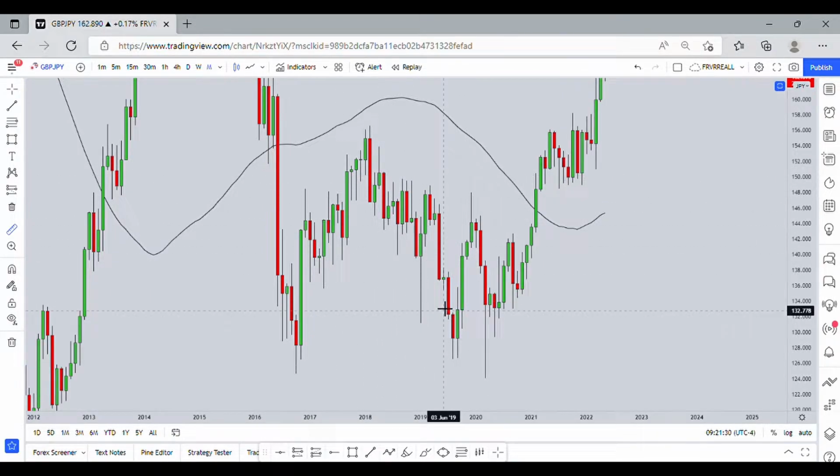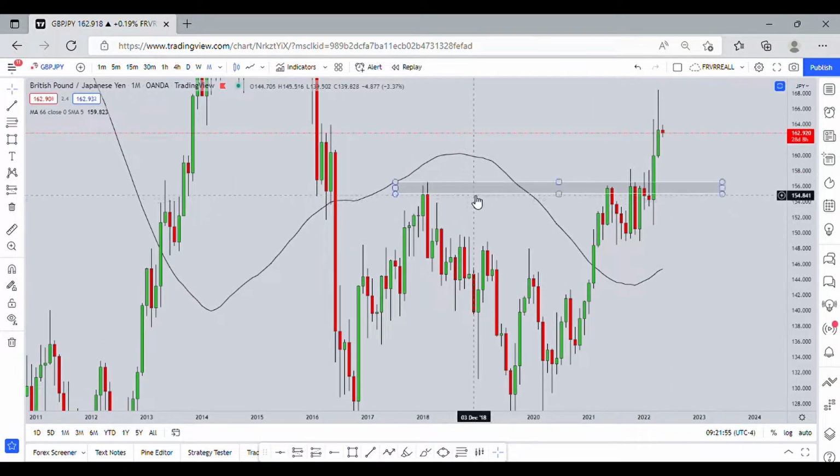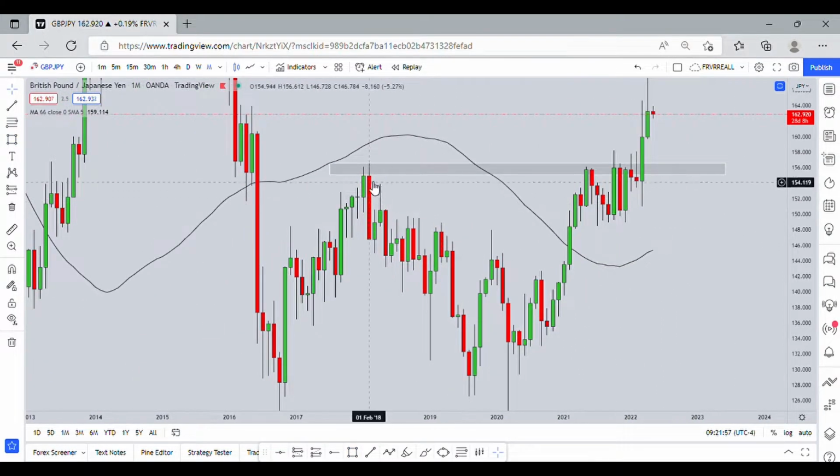So this becomes supply. This is where the supply becomes way too much and price as a result drops. So what we're going to do is use the rectangle tool to highlight the week, this week right here, the week where the imbalance starts.